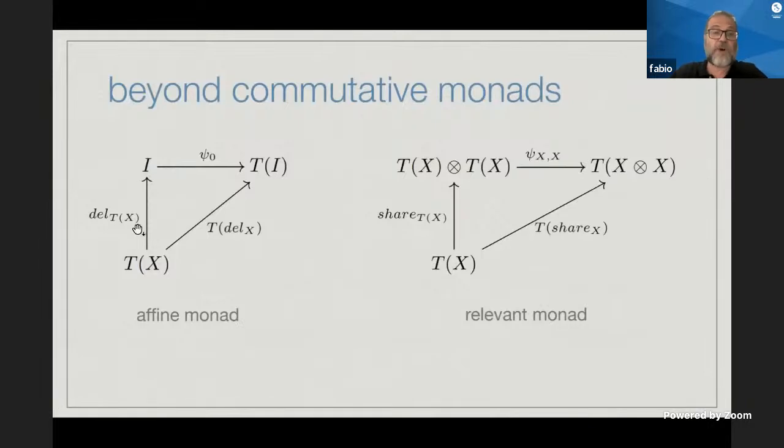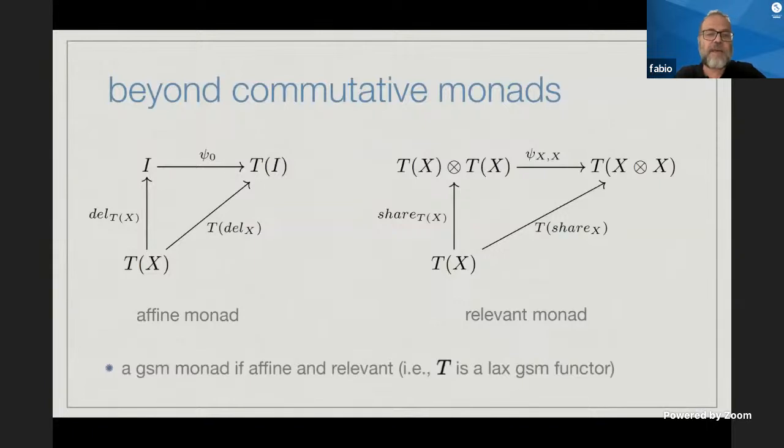Well, an affine monad is one that preserves the deletion, and a relevant monad is one that preserves the share. So now we also have a taxonomy: we have lax monoidal functors and various extensions, and then monads depending on the property of the underlying functor, if it is symmetric monoidal, lax monoidal, or lax relevant.